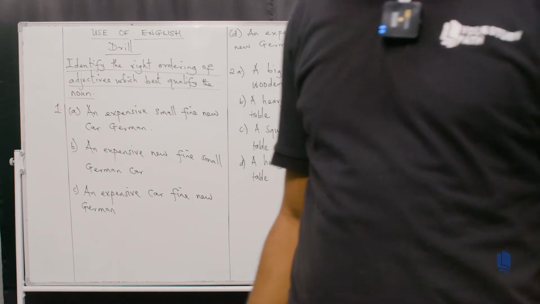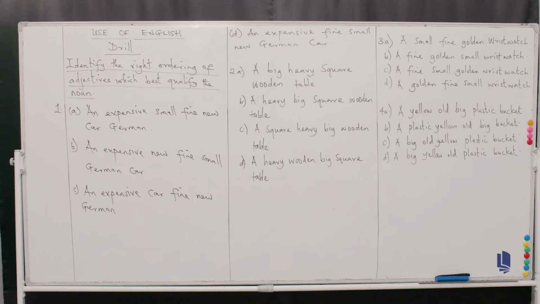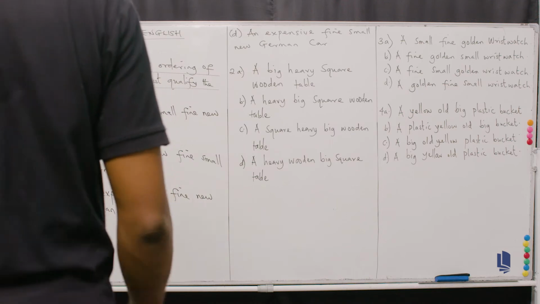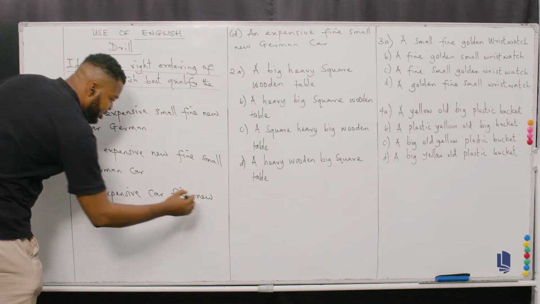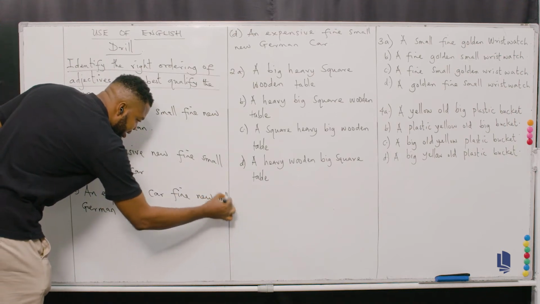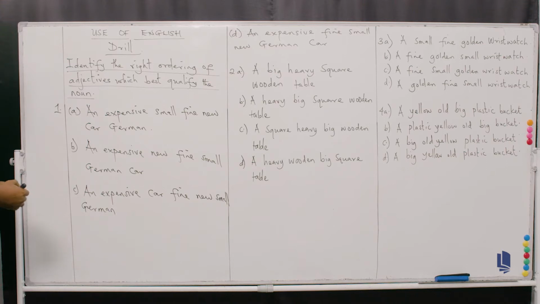Maybe you just type it in the comment section. Let me read through it. I can't really hear you very well. Okay, option letter C, no small there. So small is here, okay? That's a good observation. An expensive car, fine, new, small German.